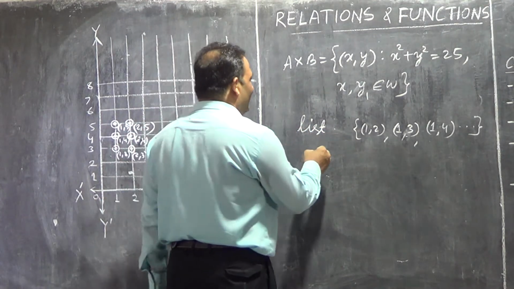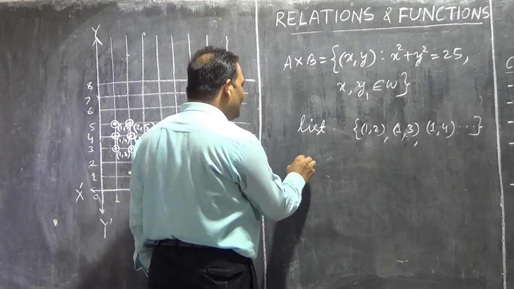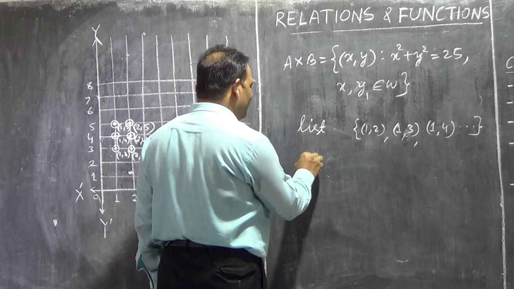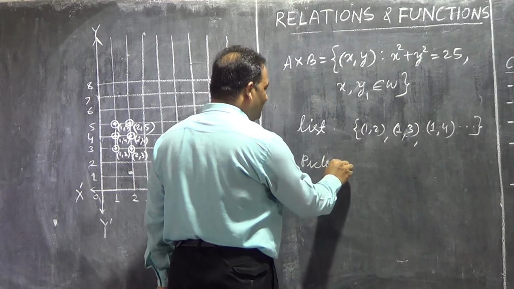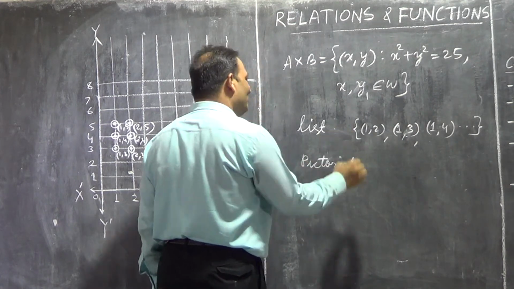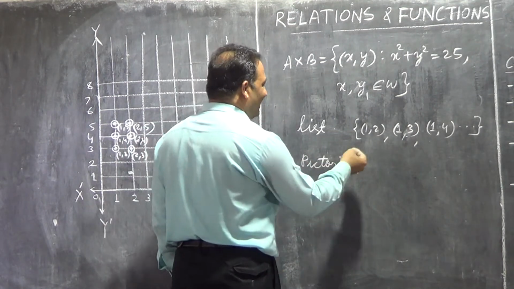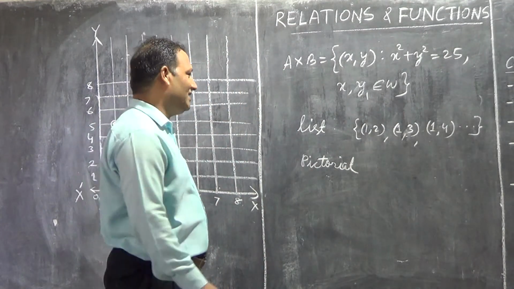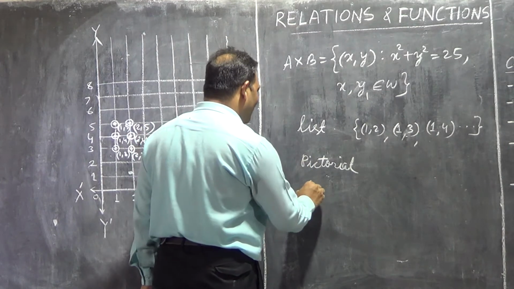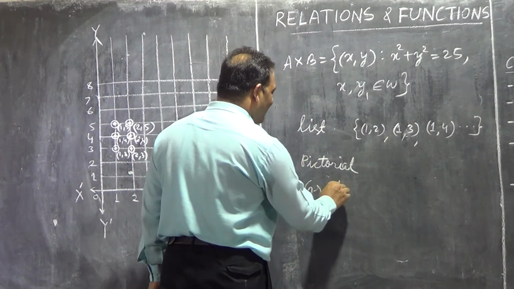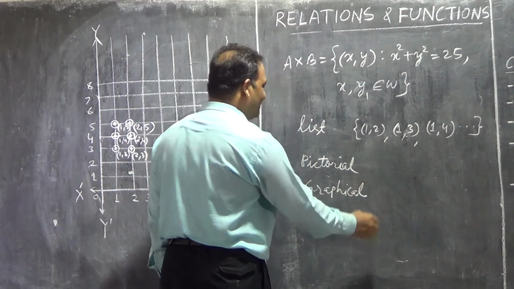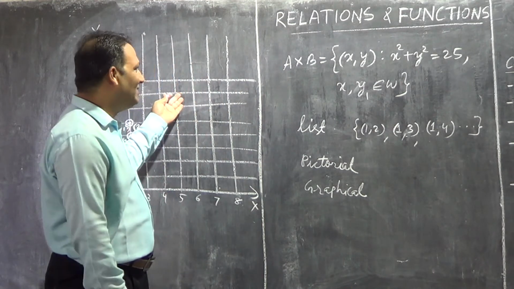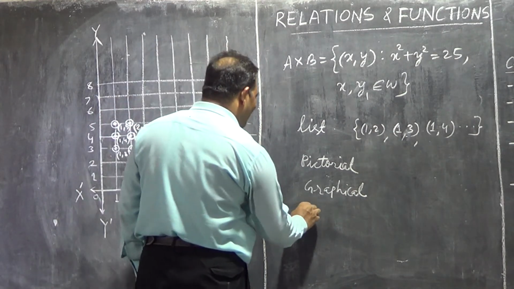Then we also go for the pictorial method, that is in the form of ray diagram, as we learned. Then graphical representation as we have done here, and set builder method.